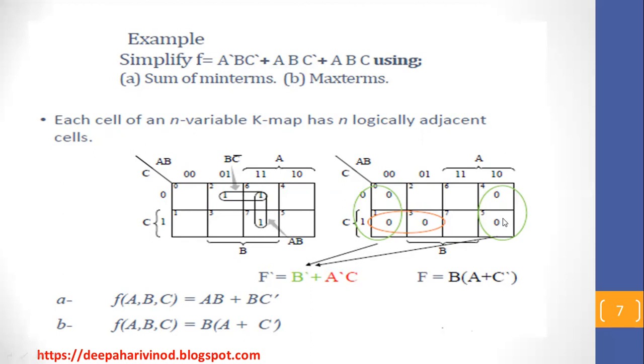So for POS, we can directly get it from there itself. Now we need to group zeros. See, we can group these two together. So it makes 4 zeros together, and these 2 zeros make another group.